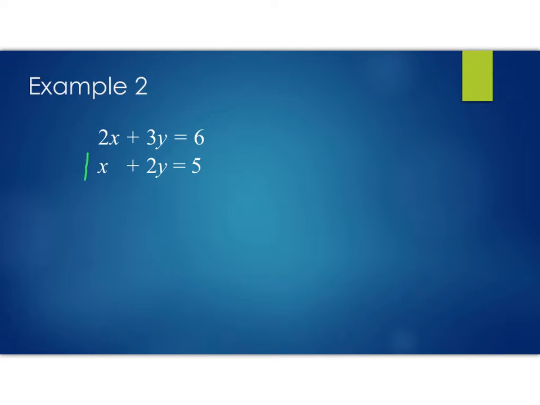When you have to multiply, I always look for the variable that has a 1 or a -1 in front of it. So I'm going to cancel out the x's. This equation right here has positive 2x, which means I really would like this one to be negative 2x to cancel those out. To make that negative 2x, I have to multiply this whole bottom equation by -2.